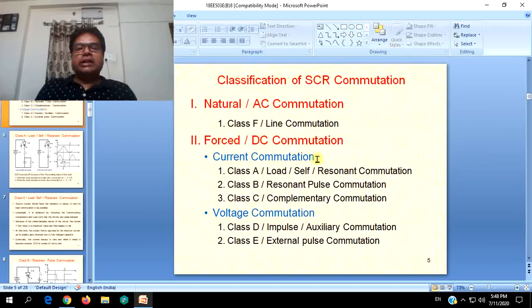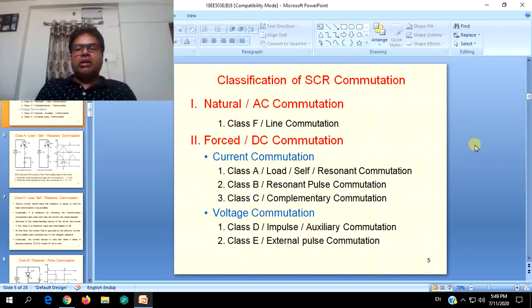And obviously DC commutation is done forcefully, so it is called forced commutation. AC commutation occurs naturally, that is why it is called natural commutation, called class F, which will be discussed in the next session.